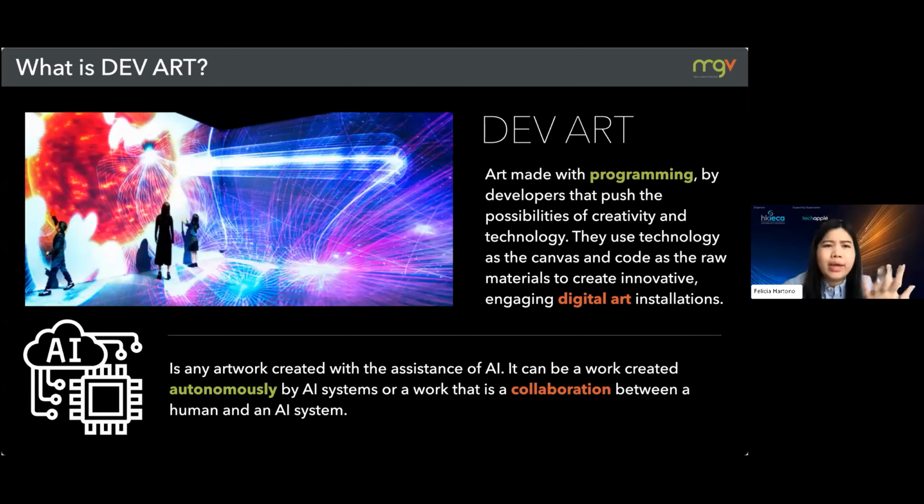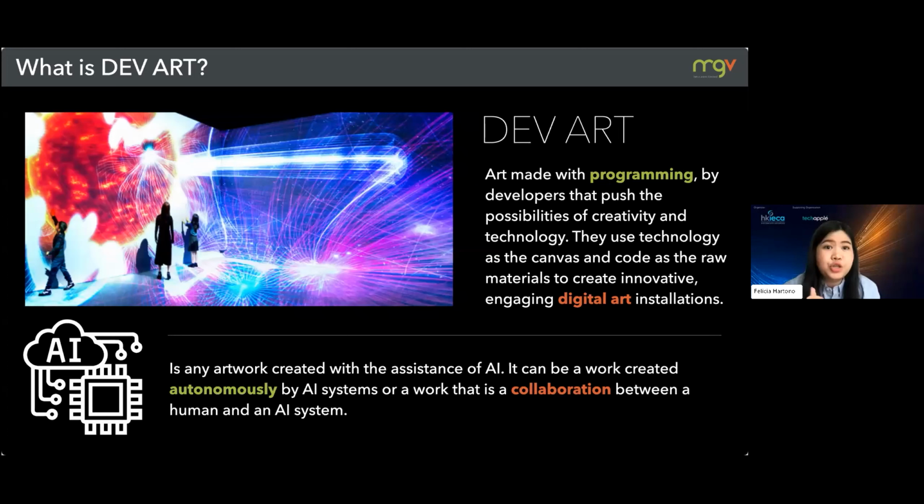So, what about AI art? Just like the ones I showed you earlier. AI artwork is created with the assistance of AI. As mentioned, it can be work done autonomously by an AI system, or a collaboration between human and AI system.